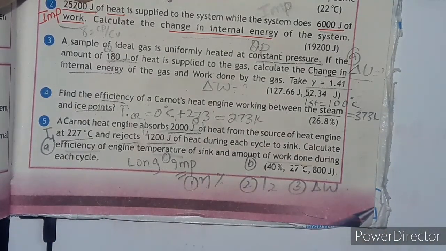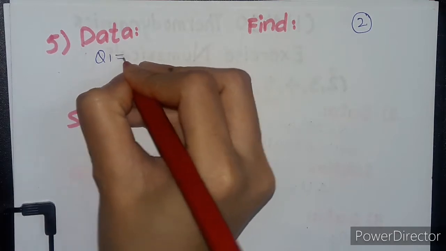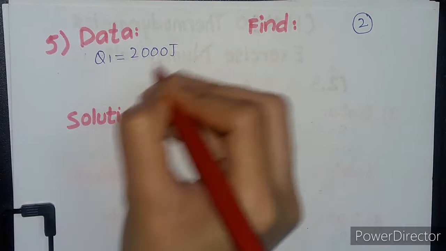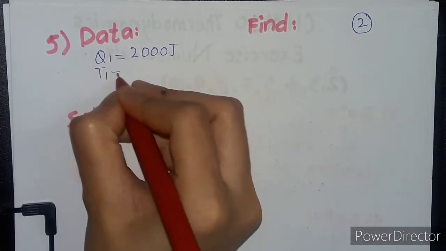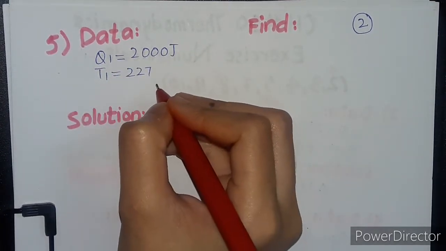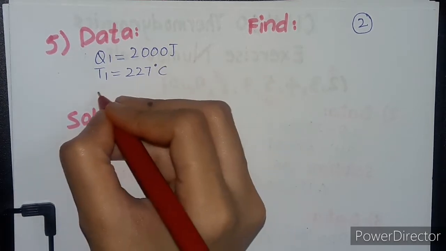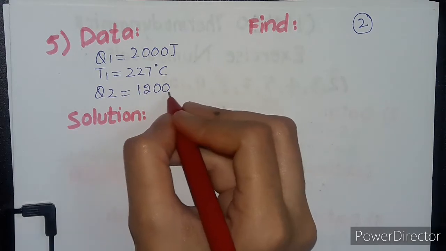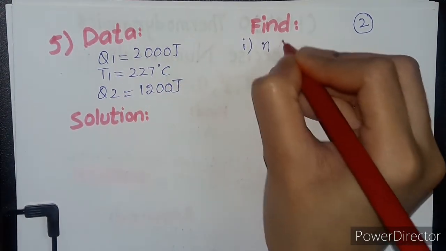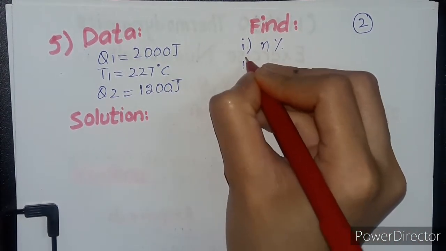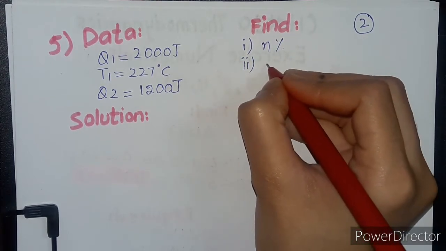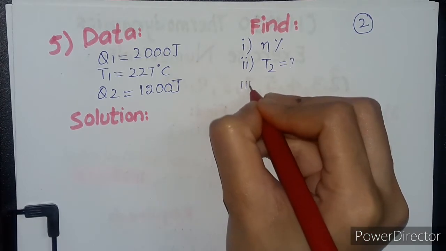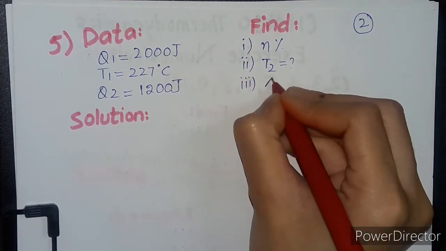Very carefully, Q1 has the value 2000 joule, and we are given the temperature T1 as 227 degrees Celsius, and Q2 heat as 1200 joule. We have to find the efficiency percentage, then in the second part the T2 temperature, and then the work done.